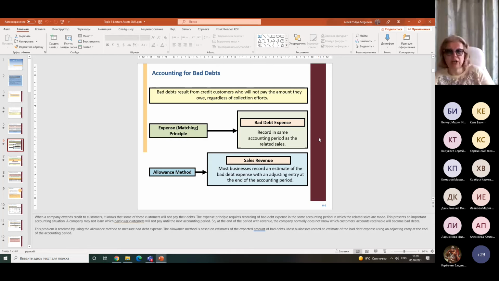You see, it's not an actual loss, it's not an actual expense. This is an expected expense in the future. But in order to match revenues and expenses in the current moment, we should recognize this expense as a special reserve for possible poor outcomes.